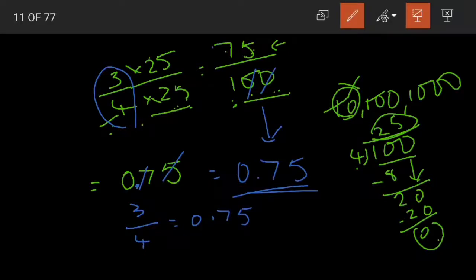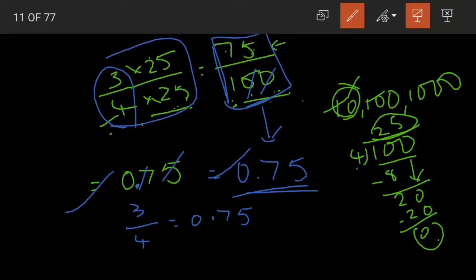We got 0.75. Understood? See, this step we already know. From 75 by 100 we know how to convert. But before getting 75 by 100, we need to do this step. We need to find out the equivalent fraction so that the denominator is either 10, 100, 1000, etc.